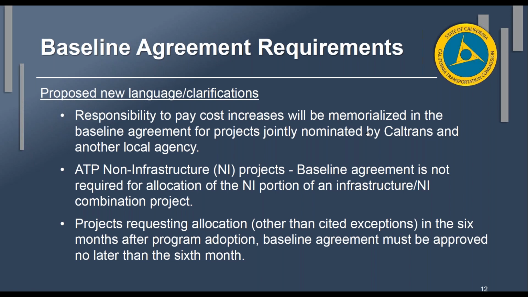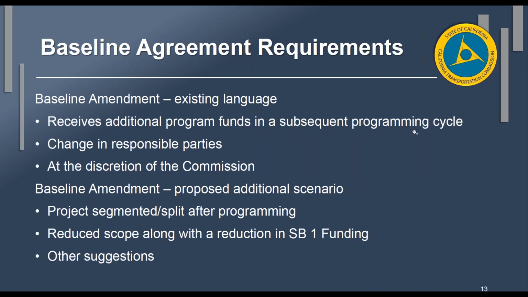Okay, moving on to slide 13. So this slide just kind of outlines when a baseline amendment is required. And so our existing language indicates that a baseline amendment is required when we program additional funds in a subsequent programming cycle, and that the project now meets thresholds if the program has thresholds.